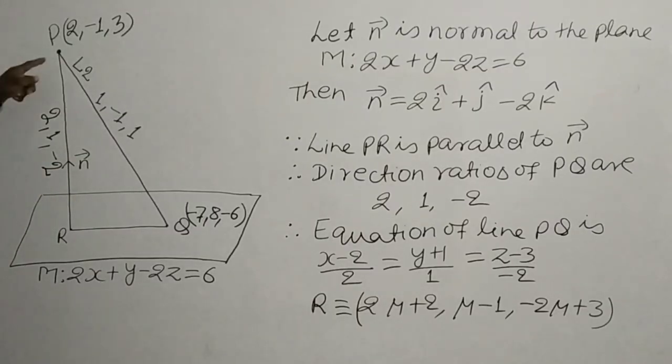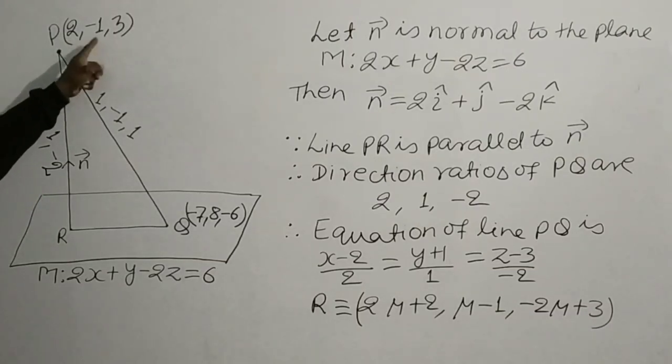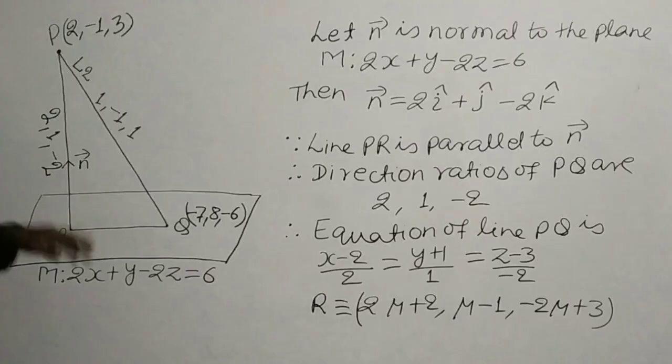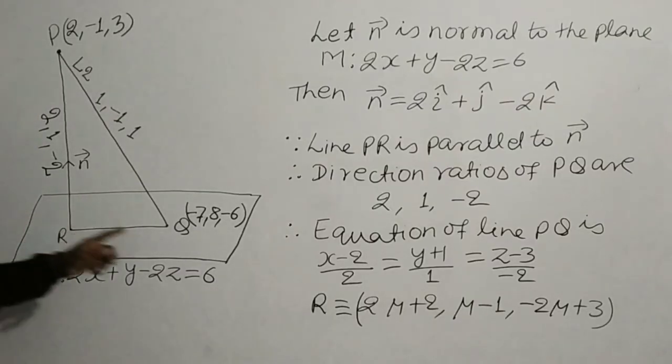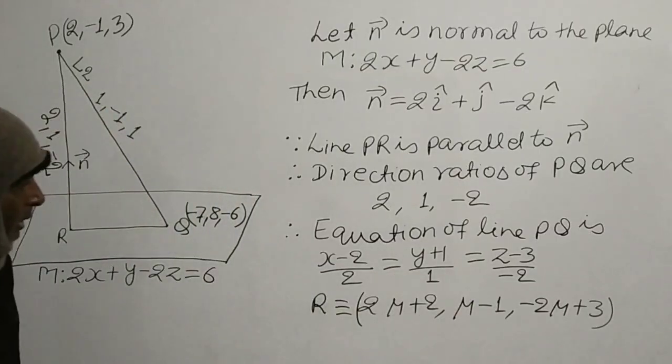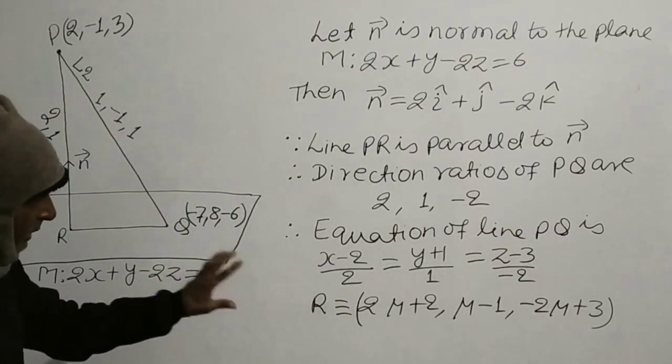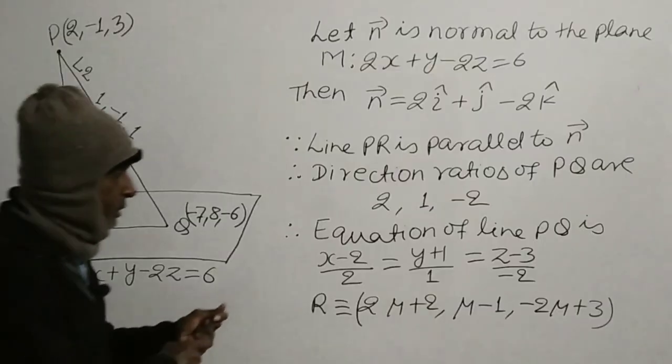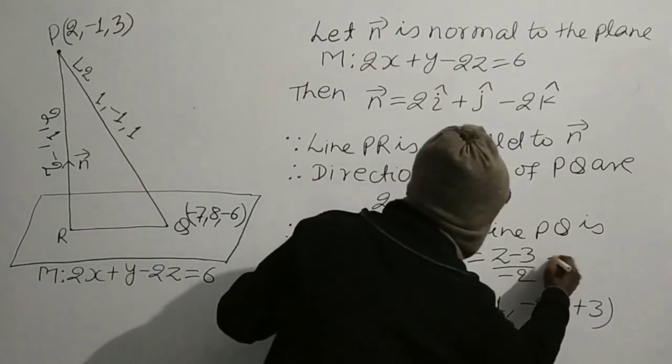Now PR passes through this point x1, y1, z1 and its direction ratio is 2, 1, minus 2, that is A, B, C. Therefore equation of this line PR will be this. We suppose each of these three ratios is equal to mu.